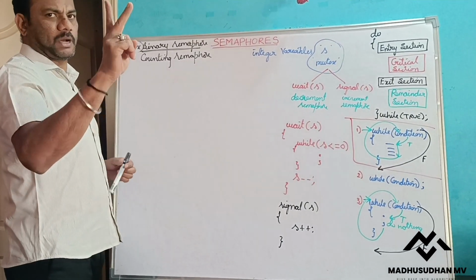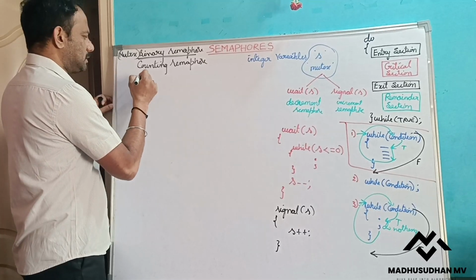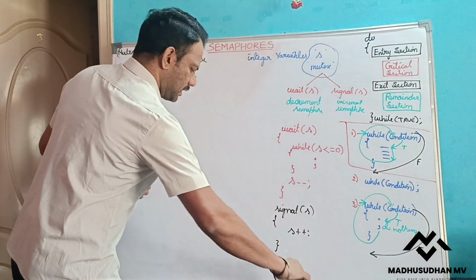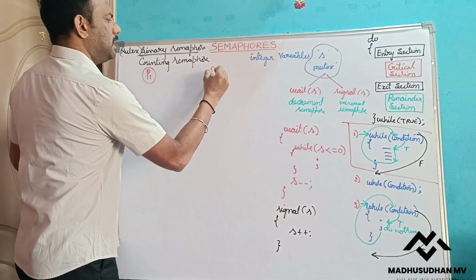Okay. Now let us say two processes are in a race to enter into the critical section. Process P1 wants to enter into the critical section, and assume process P2.